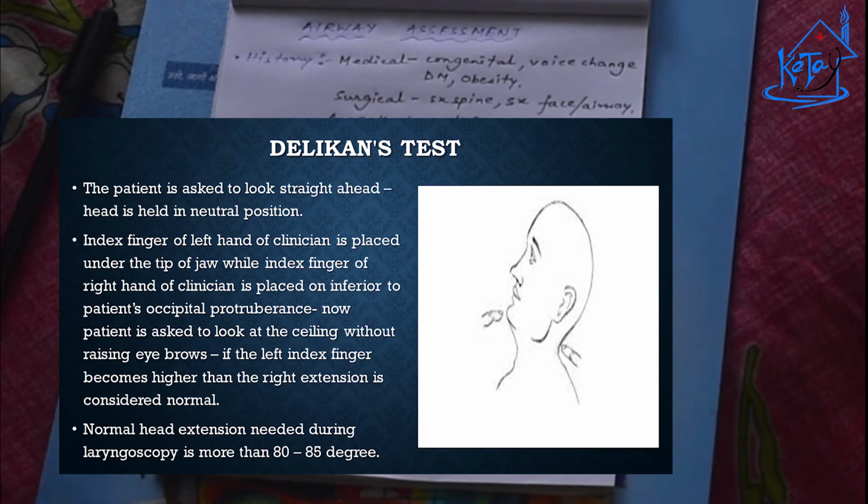Now, if the left finger position is lower than the right finger position, then there might be difficulty in intubation. You can see the picture of the Delikan's test over the screen.